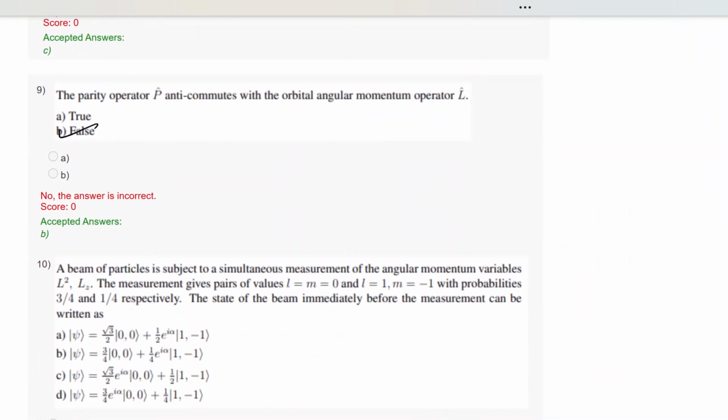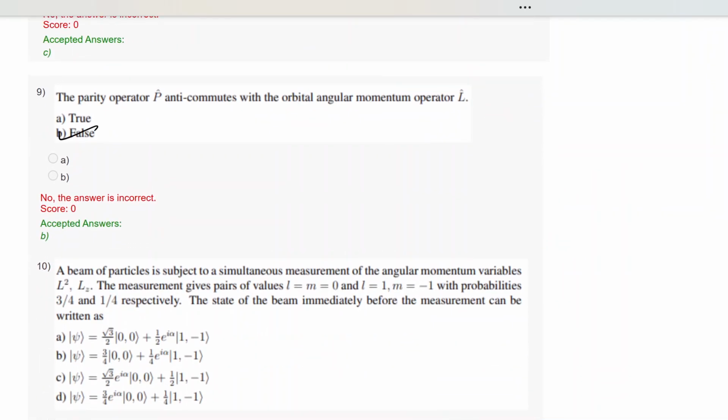Now the last question: a beam of particles is subject to a simultaneous measurement of the angular momentum variables L squared and Lz. The measurement gives pairs of values l equal to 0, m equal to 0 and l equal to 1, m equal to minus 1 with probabilities 3 by 4 and 1 by 4 respectively. Then the state of the beam immediately before the measurement can be written as what?